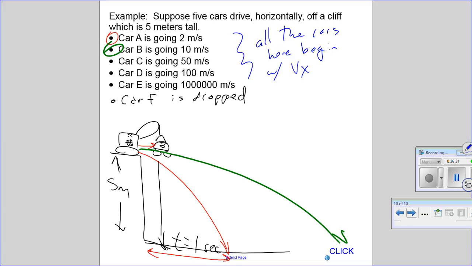How quickly am I moving up? I'm not. How quickly am I moving down? I'm not. Right? I'm just moving horizontally. What's my vertical velocity? 0. I've got horizontal velocity because I'm moving horizontally, but I'm not moving up or down at all.